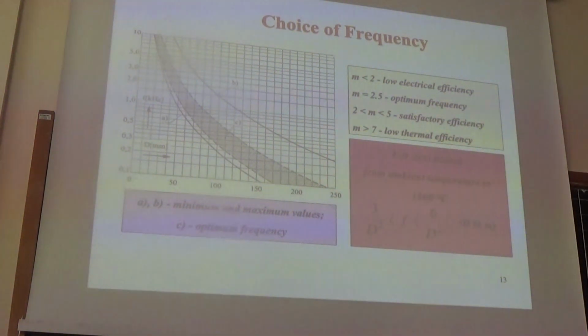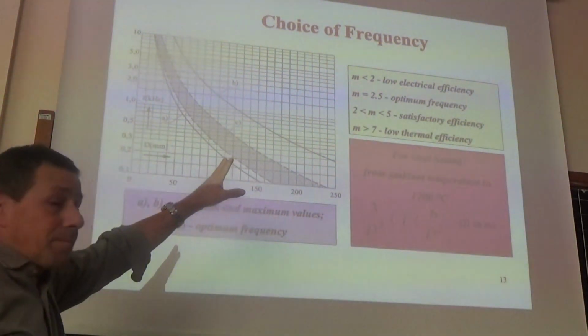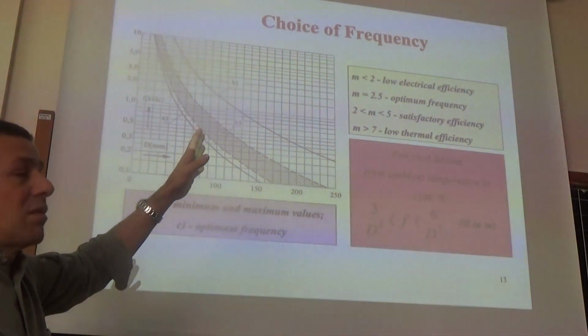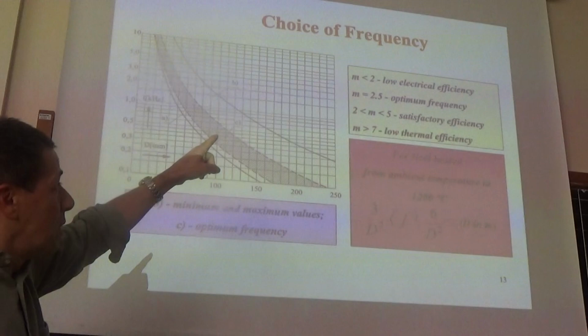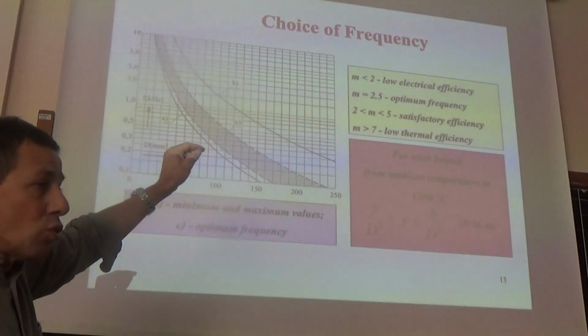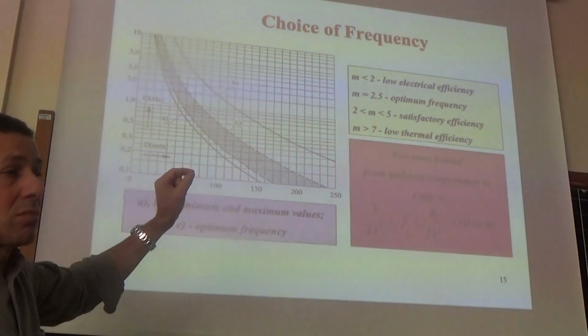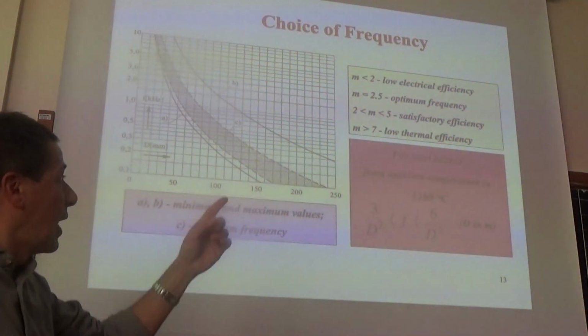So if you look at the yellow table, I can't go down, or better, choose values of m less than 2.5. It's the limit. Okay?